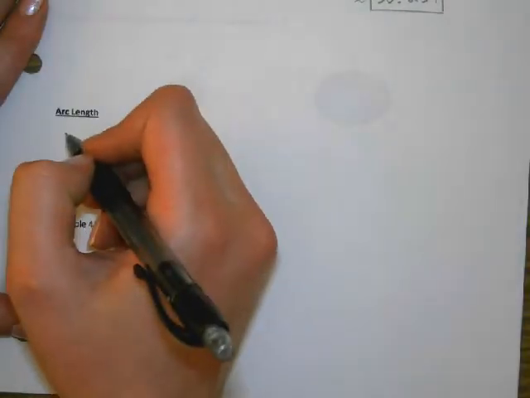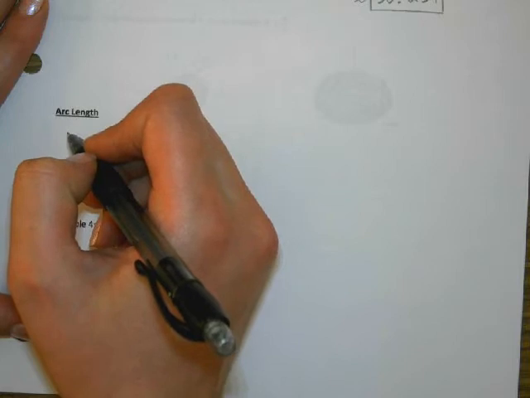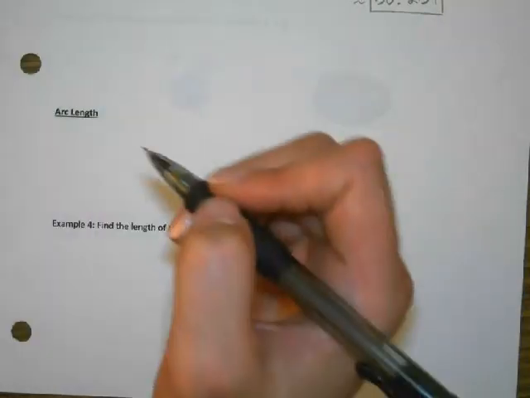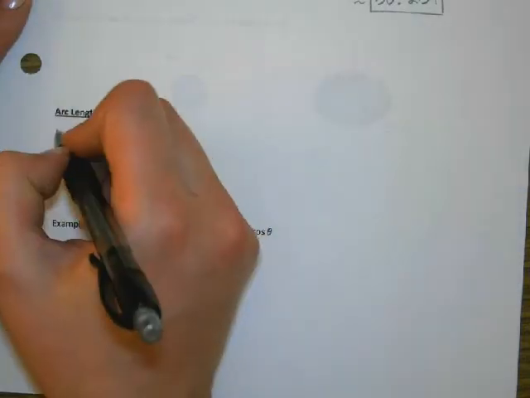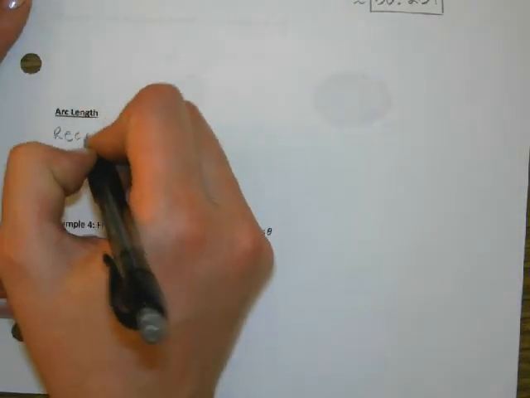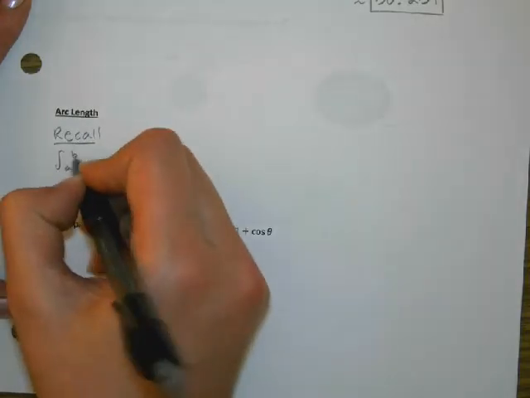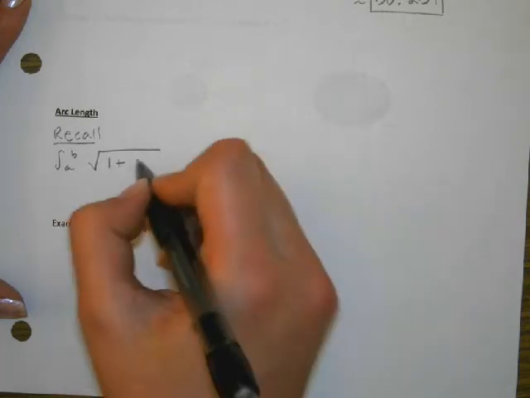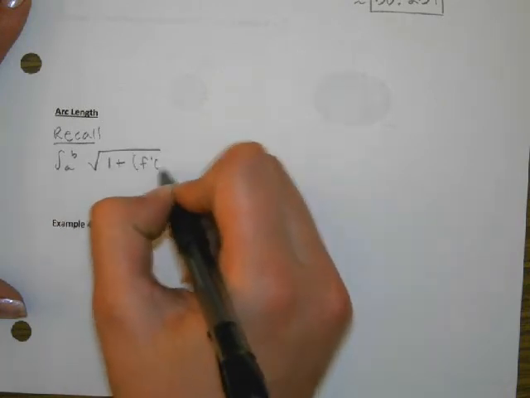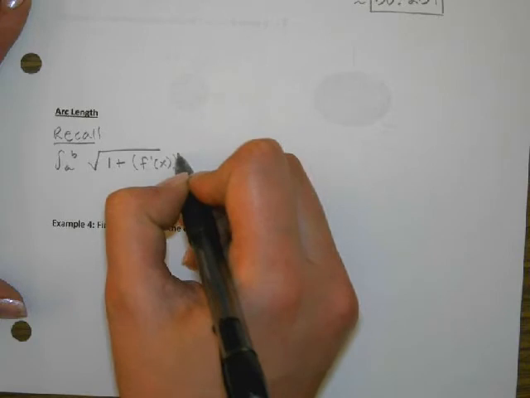If you guys remember from the previous units that we've done, we've used two formulas for arc length. One of them was the square root of 1 plus the derivative of the function squared.